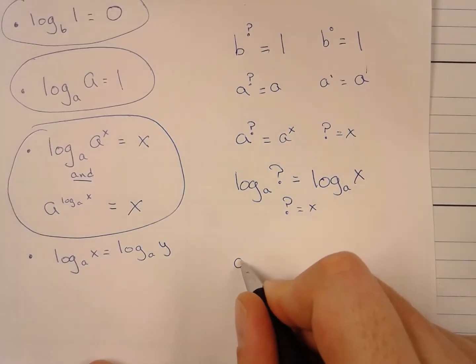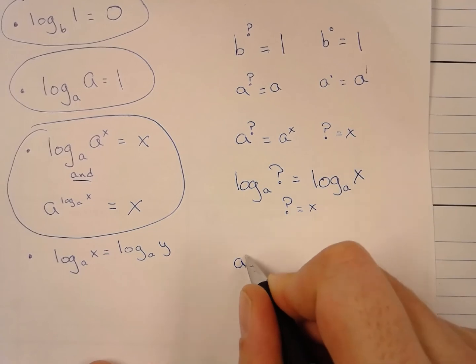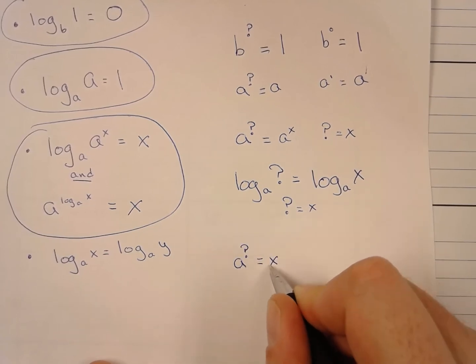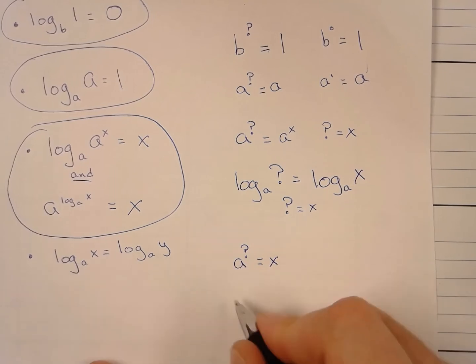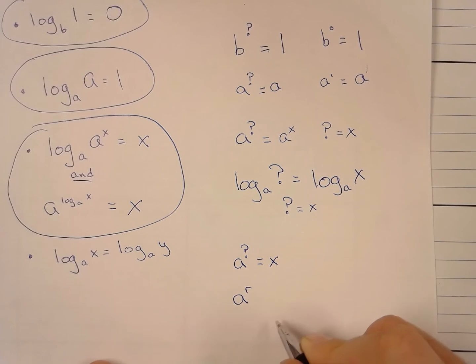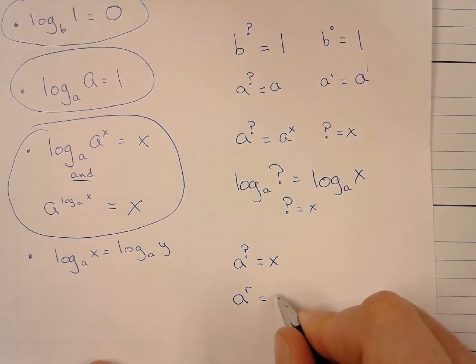So a raised to some power equals x. And then on the other side of that equation, I have a raised to some other power. We should have thought this through. Came up with some arbitrary variable. Equals y.